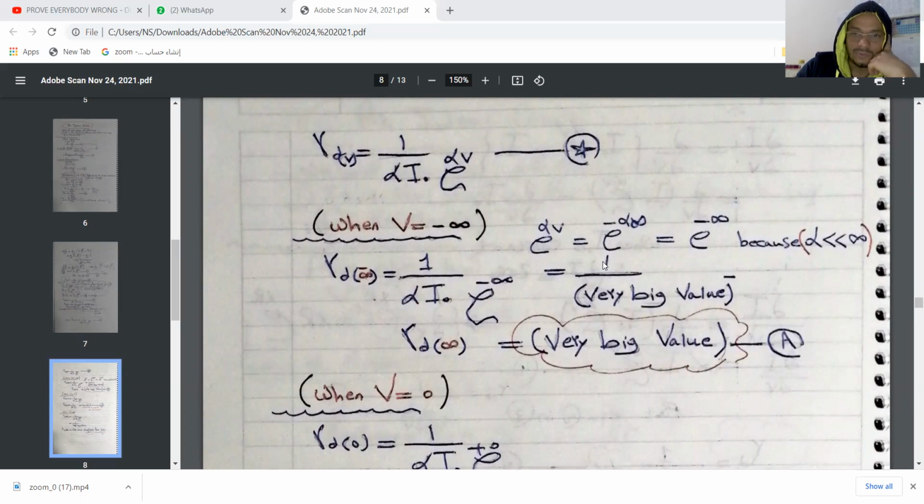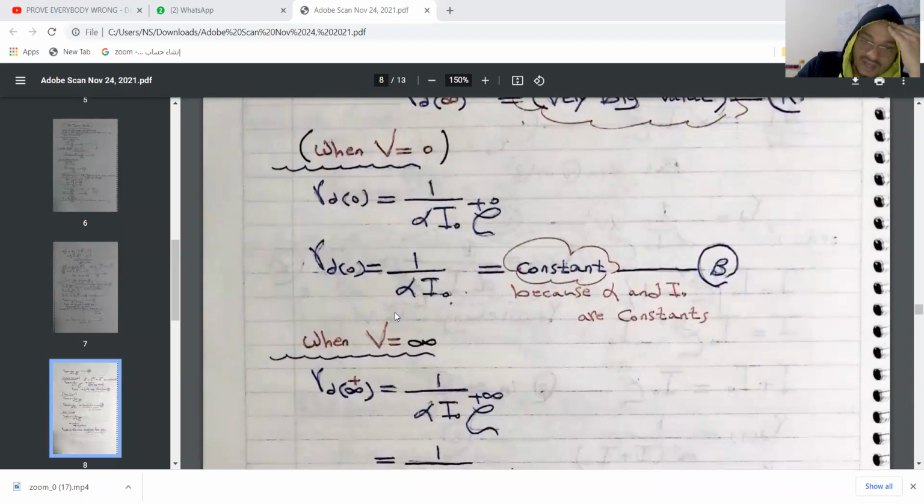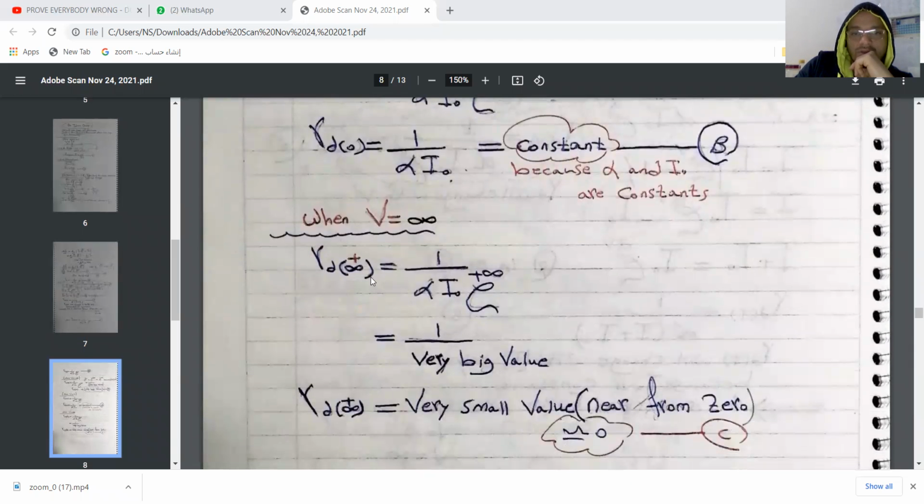After that, we will put it here to be the dynamic resistance at infinity, V equal very big value. That means it will be at the top of the curve. When V equals 0, it will equal a constant. When V equals infinity, it will be a very small amount, because here is a very big amount and all of these are smaller than infinity.